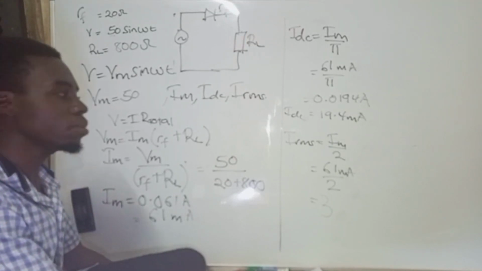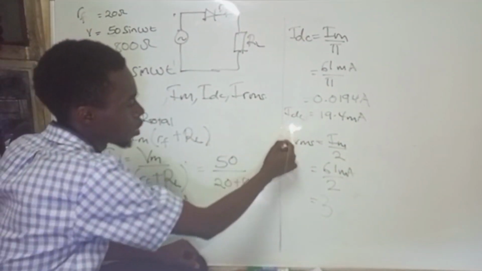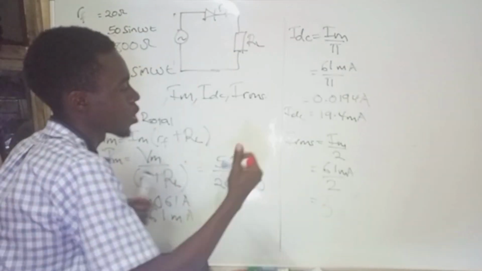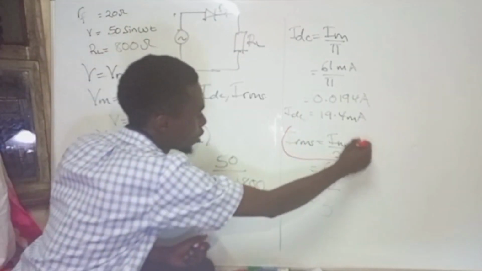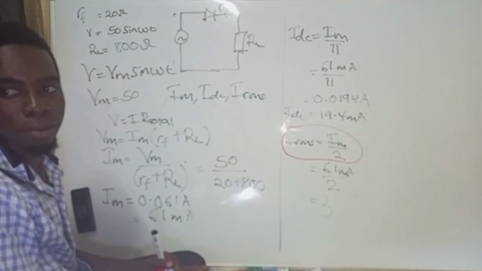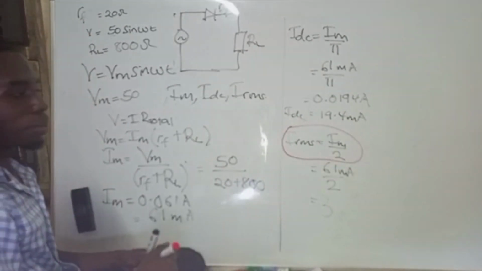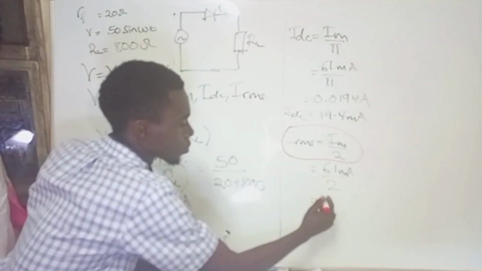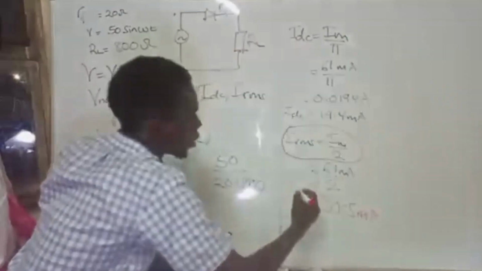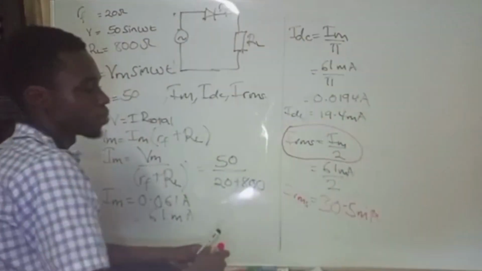But as long as you note this small formula, that the root mean square value of current for a half wave rectifier, only for half wave rectifier, is I max divided by 2. That is the only formula. So here we shall get 30.5 milliamperes, and that gives us our IRMS value of the current.